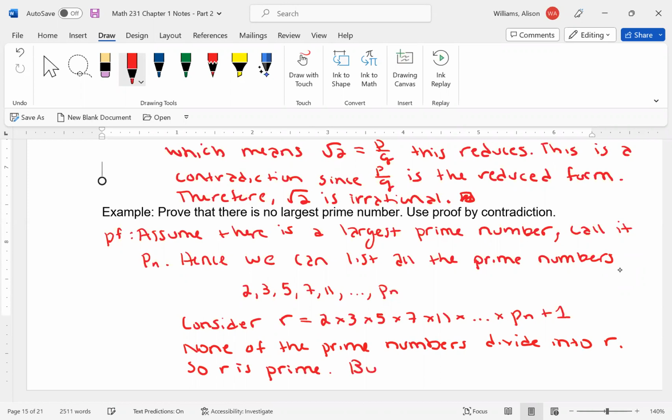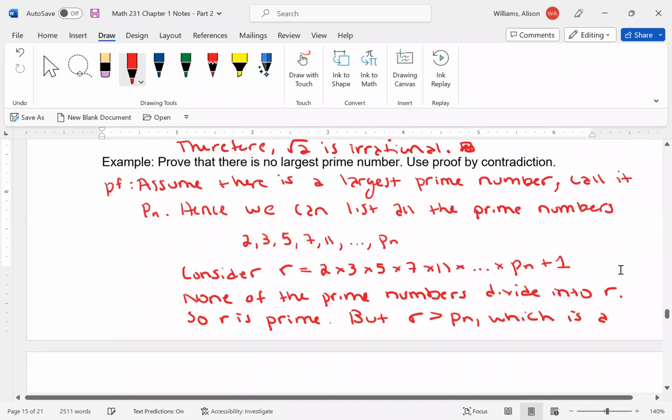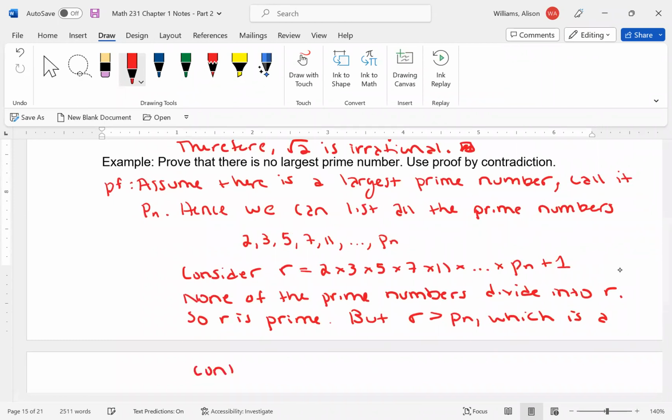But R is bigger than P sub n because it's plus 1. So we have a contradiction, because now I just showed that there's a bigger prime number than P sub n.